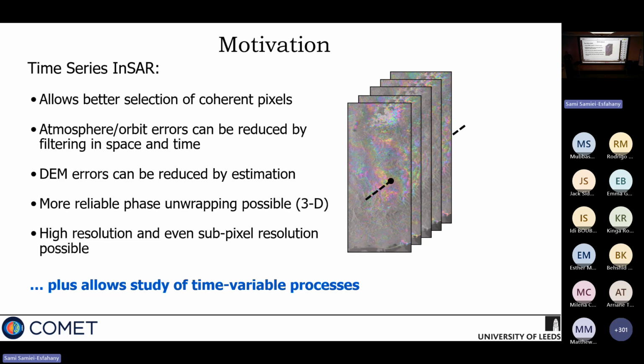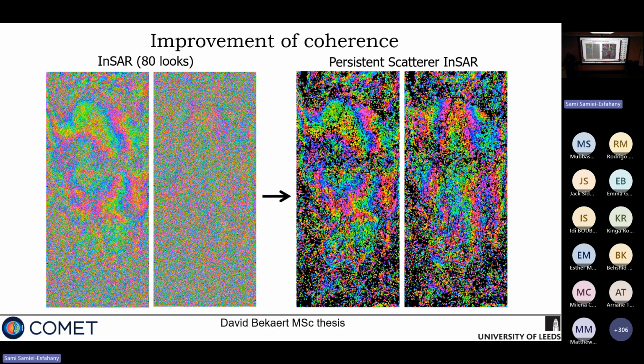Typically, we downsample it in some way, and that's normally through averaging over pixels, multi-looking. But if you're interested in high resolution, then you can do that with the time series analysis too. Okay, and on top of all this, you can do the obvious thing, which is actually look at time variable processes. As well as all this, if something's changing in time, you can actually look at that.